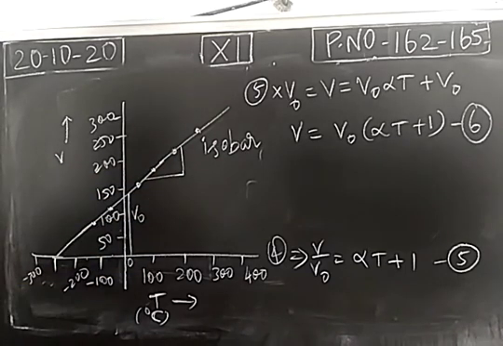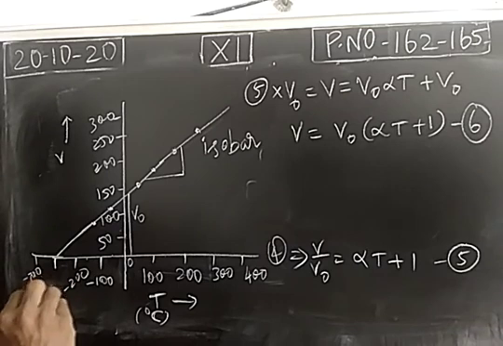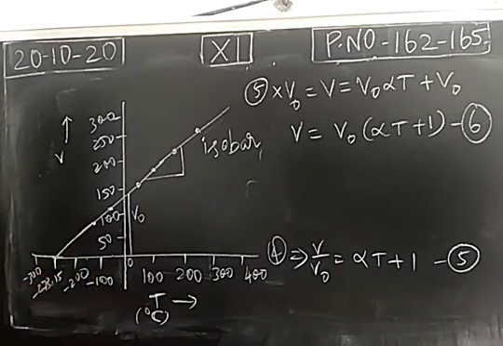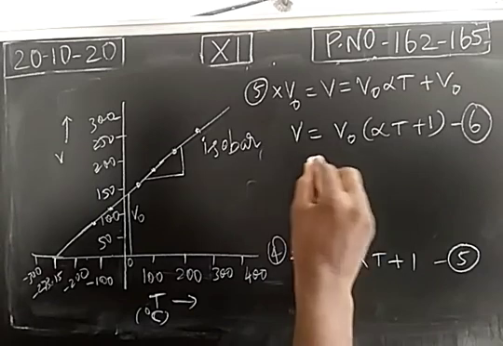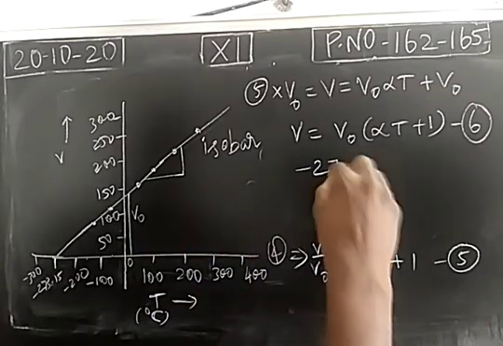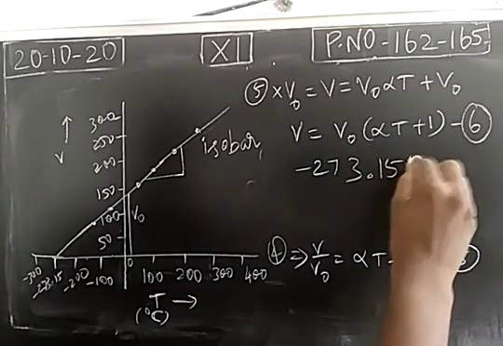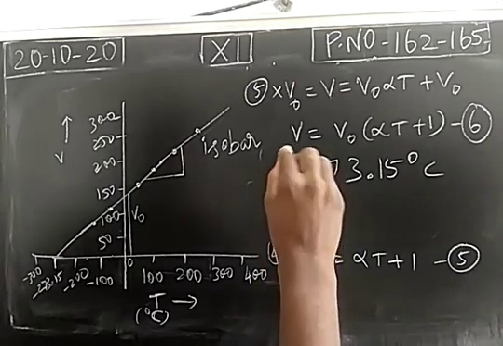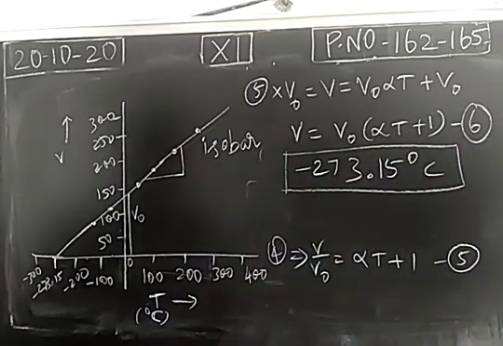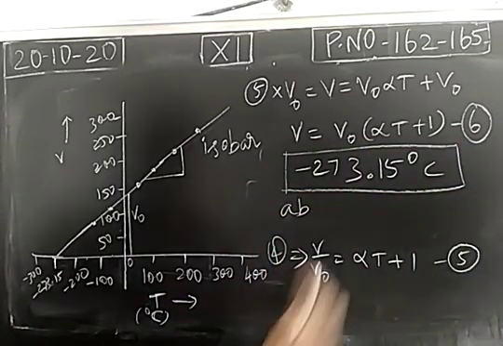After getting the straight line, when it is extrapolated this side, it intersects at one particular temperature, and the temperature is minus 273.15 degrees Celsius. So the intersection is at minus 273.15 degrees Celsius, and this temperature is called absolute zero.